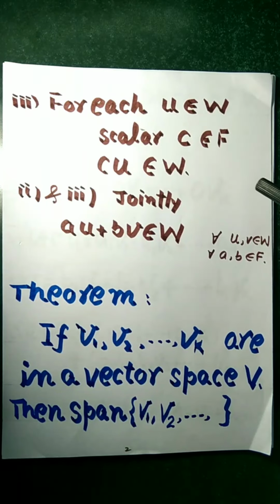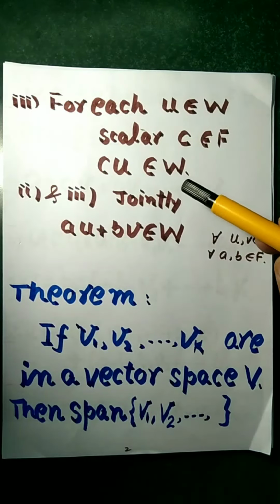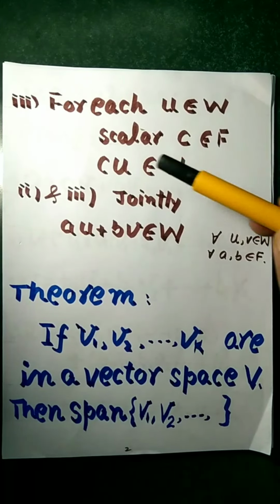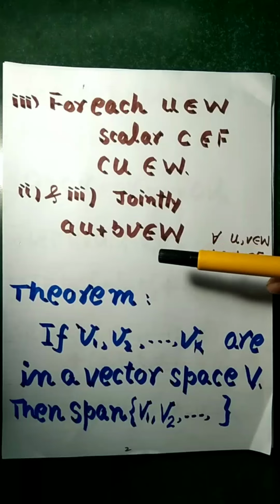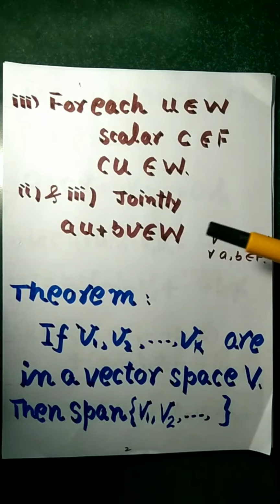Now for each u belongs to W and scalar c belongs to the field, the scalar multiple is also in W. Jointly these two can be written as au plus bv belongs to W, for all vectors u and v in W and scalars a and b in the field.